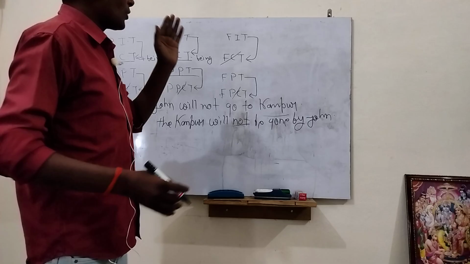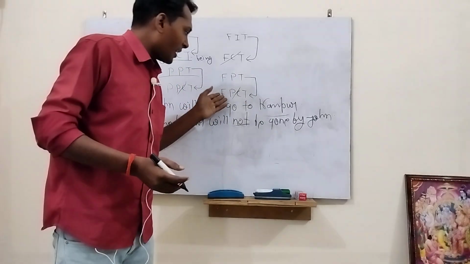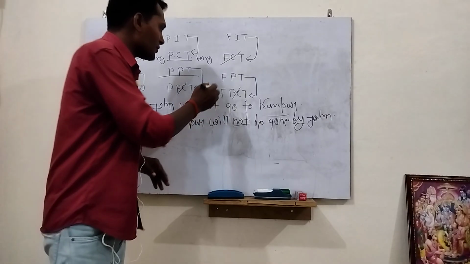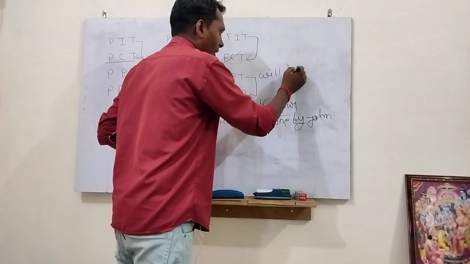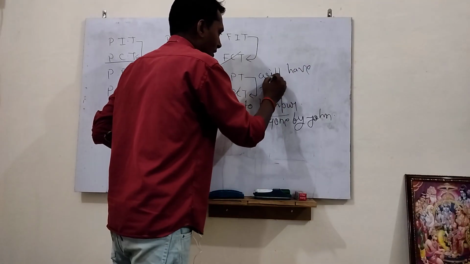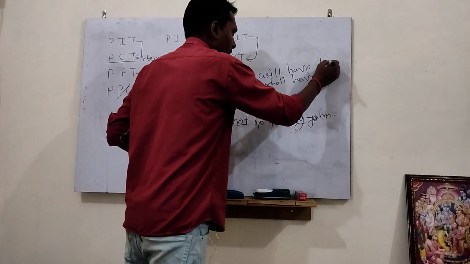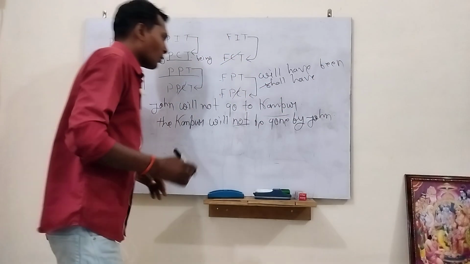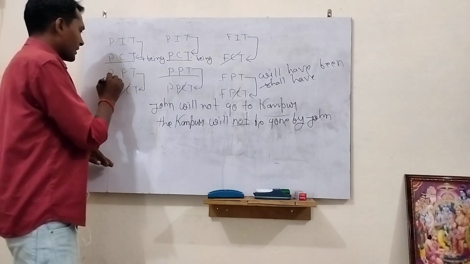Understand? The symbol you have to apply is will have or shall have, will have been or shall have been. The helping words for this are will have or shall have. So what you have to do is use been here. Whatever the tenses are, if you want to write them, listen.